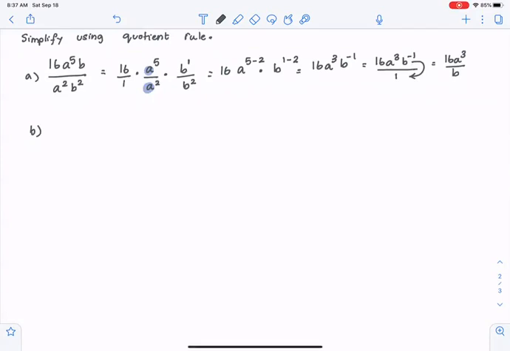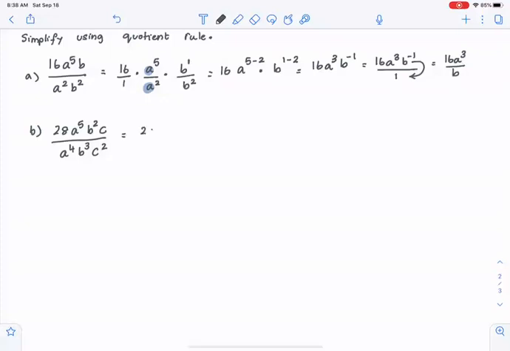Suppose we have 28a raised 5 b squared c divided by a raised 4 b cubed c squared. The process is exactly the same, even though it looks like a complicated expression. The underlying process does not change.